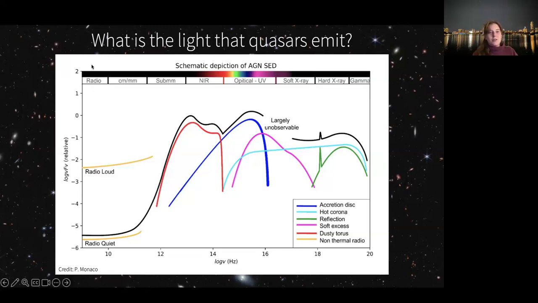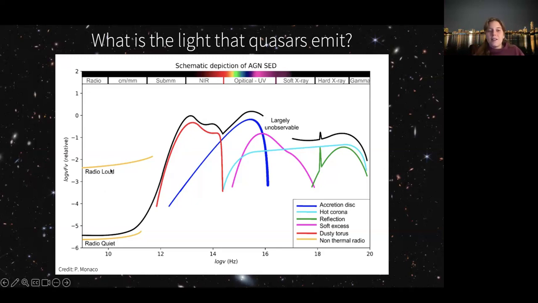This is the frequency axis, and it goes from the lowest frequencies, or the longest wavelengths, on the left, from radio all the way to gamma rays, which are the shortest wavelength, most energetic, highest frequency. A quasar might or might not have this jet that I was mentioning before.